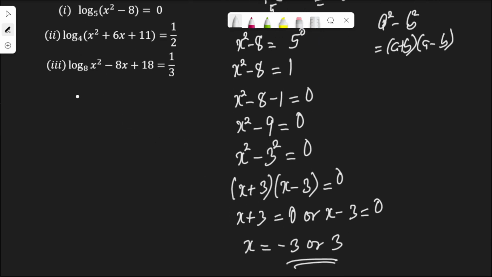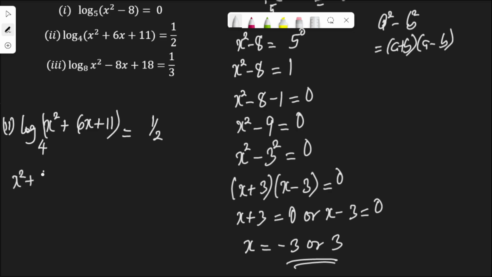Question number 2, let me do it here. I have log of x squared plus 6x plus 11 to base 4 equal to 1 over 2. Again, expressing this in index form, I will have x squared plus 6x plus 11 equal to 4 to the power of half.